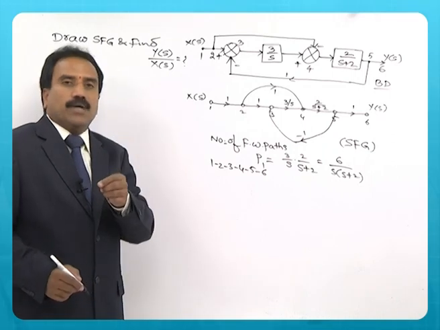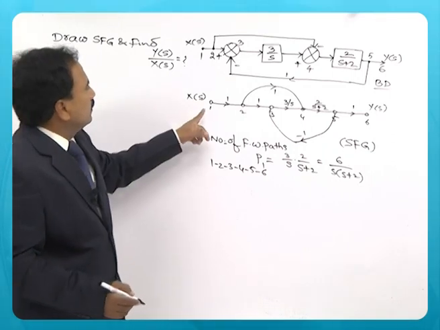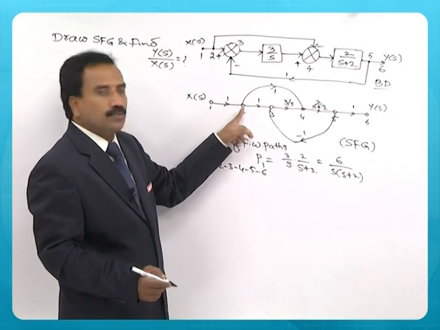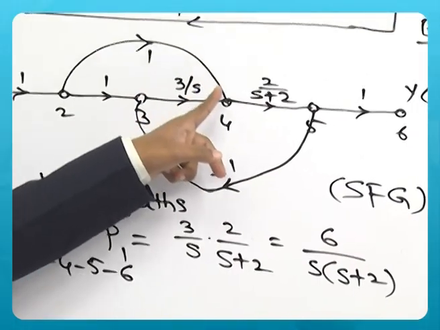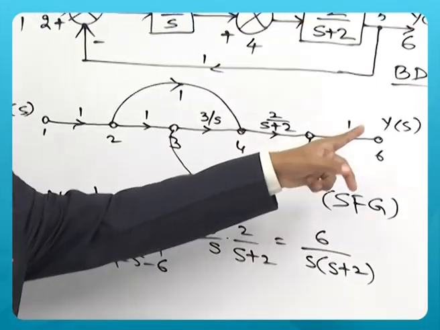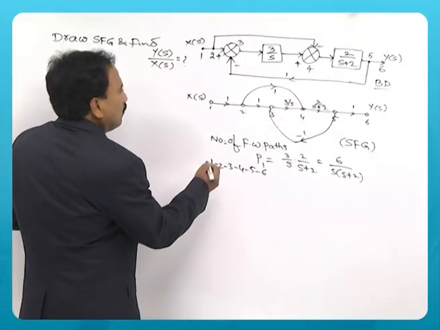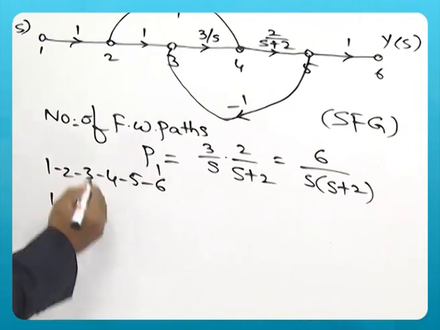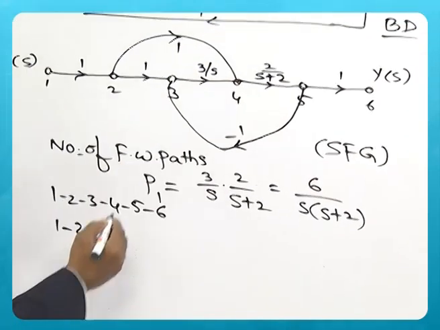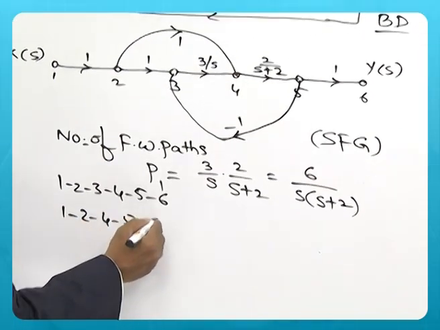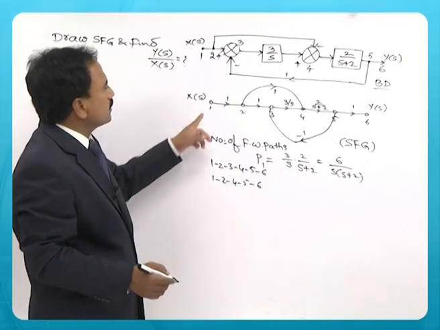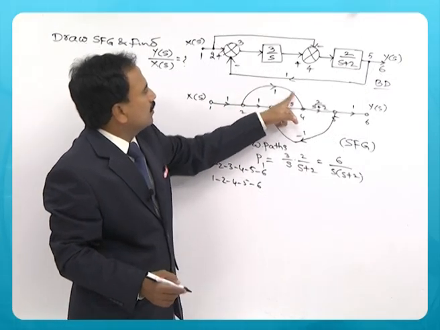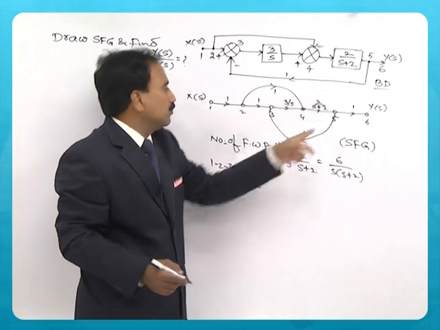There is another forward path that exists here. It goes from 1 to 2, then via the fourth node, then 5 and 6. So what is the path? 1, 2, then it goes to 4, then 5 and 6. What is its gain? You can see from 1, 1 and 2 by s plus 2 into 1.